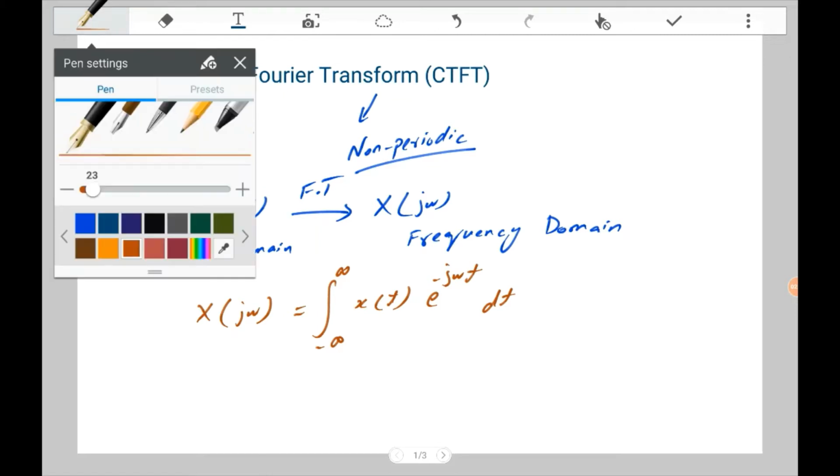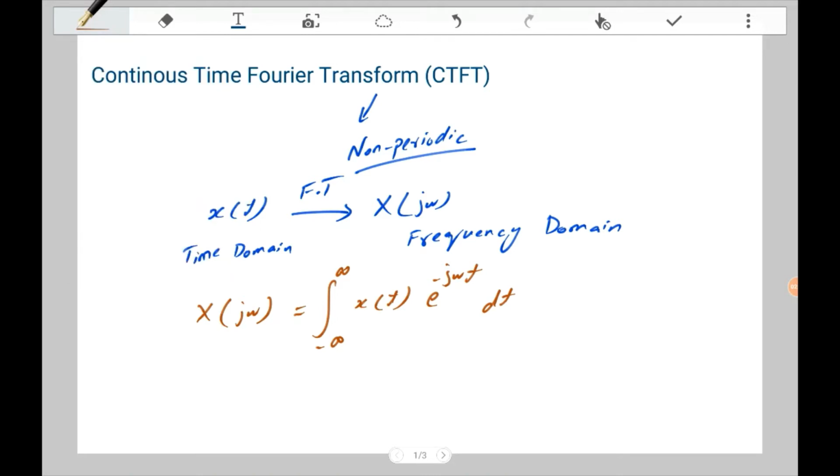So in that case, the formula will be x of t is equal to 1 over 2 pi, integral from minus infinity to infinity, which means we will integrate over the total range, X of j omega e to the j omega t d omega.